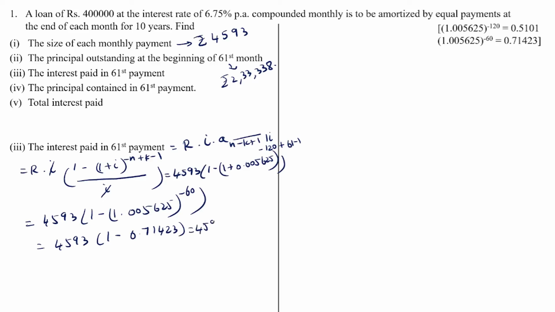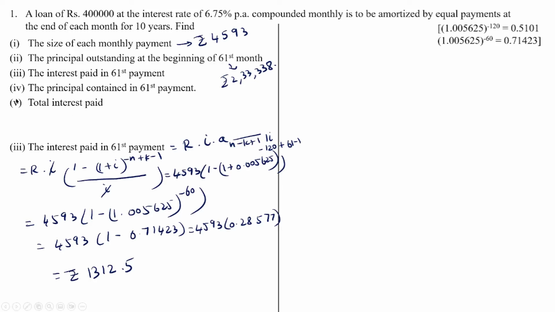So it is 4593 into 0.28577. So when we simplify, we get 1312.5. So this is the interest paid in the 61st payment.